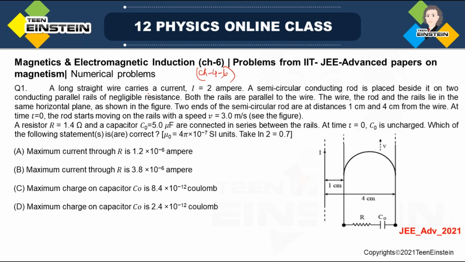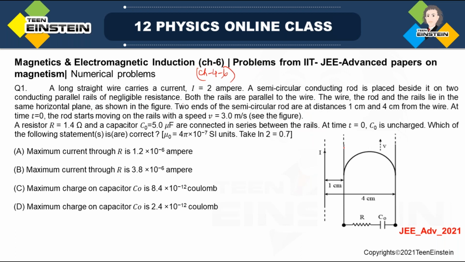A long straight wire carries a current I equal to 2 ampere. You look, this is the long straight wire. It carries a current 2 ampere. A semicircular conducting wire is placed beside it on two conducting parallel rails of negligible resistance.